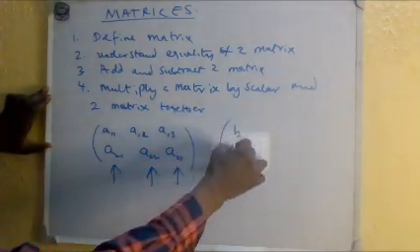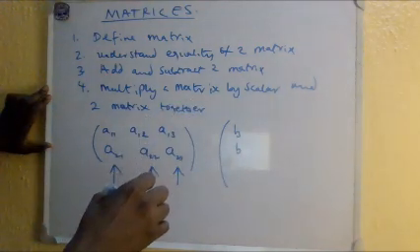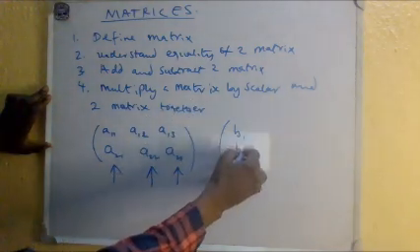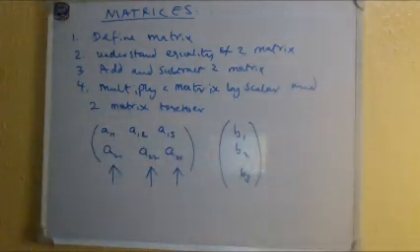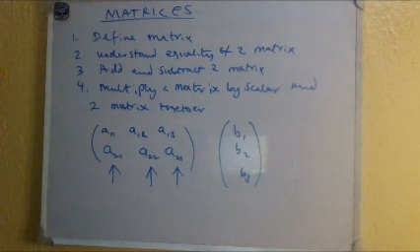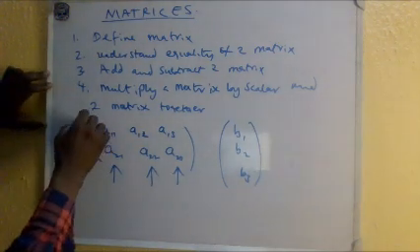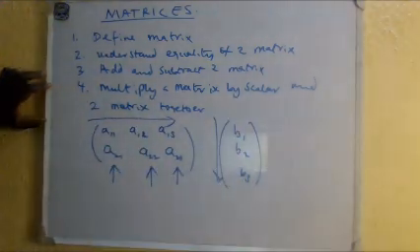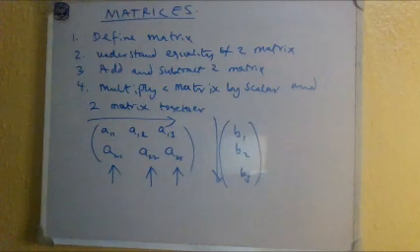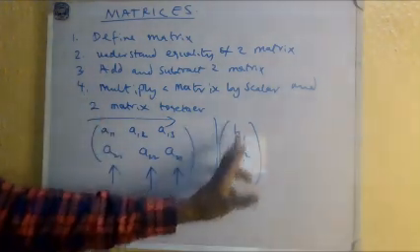This one is a single column matrix. So if I look at this one now, and this one is the same thing, the number of columns must be equal to the number of rows.